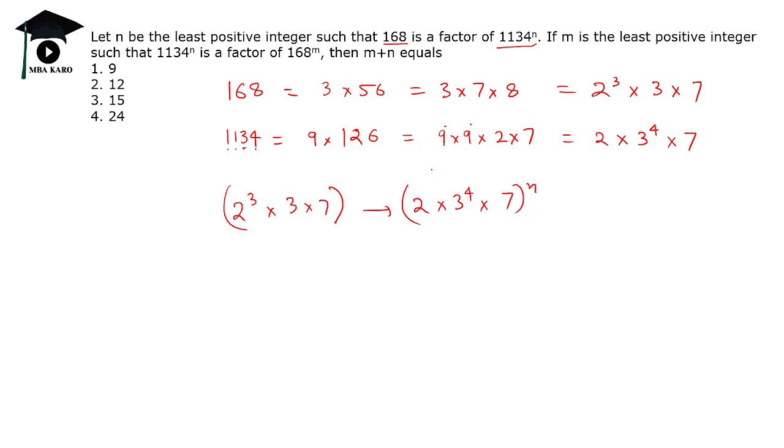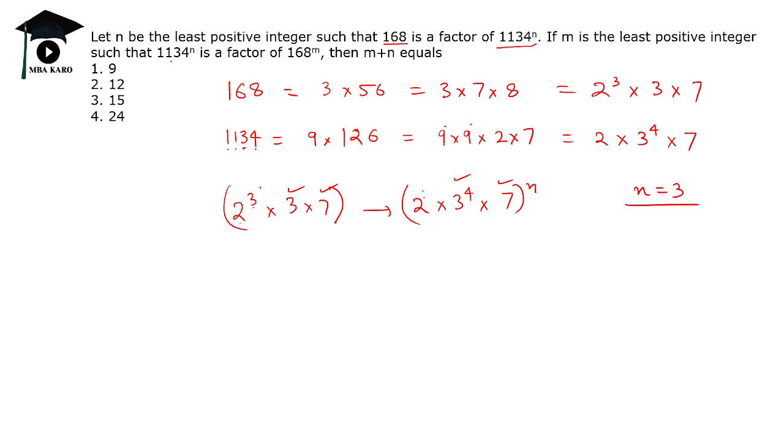Now see this, 3 is already a factor, so not an issue. 7 is already a factor, not an issue. But here we have just 2, right? So in order to make 2 raised to the power 3 a factor, we should have n equal to 3, because if n is equal to 3, then it becomes 2 raised to the power 3, and then only it can be a factor. So n is 3.